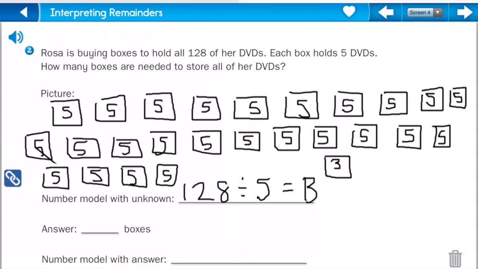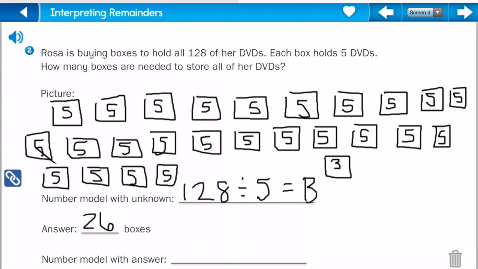So how many boxes will I need? So I know that I have 1, 2, 3, 4, 5, 6, 7, 8, 9, 10, 12, 13, 14, 15, 16, 17, 18, 19, 20, 21, 25. 25 with 5, but I have 1 more with 3. So I will actually need 26 boxes. So in this case, we round it up.